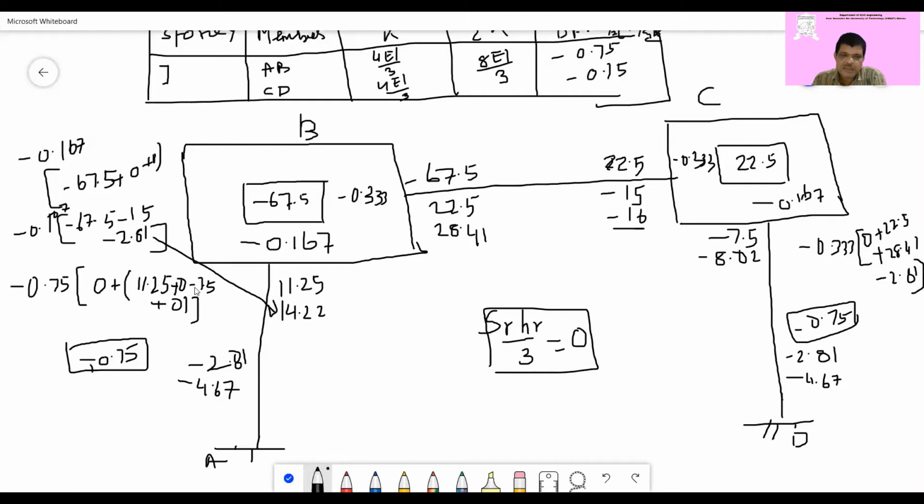Then minus 8.02 here, and that combined will be this 14. So 14 minus 8, it is 6 point something, so it will come 4.67. This value will become minus 4.67. So this is how you have to go on doing the cycles.